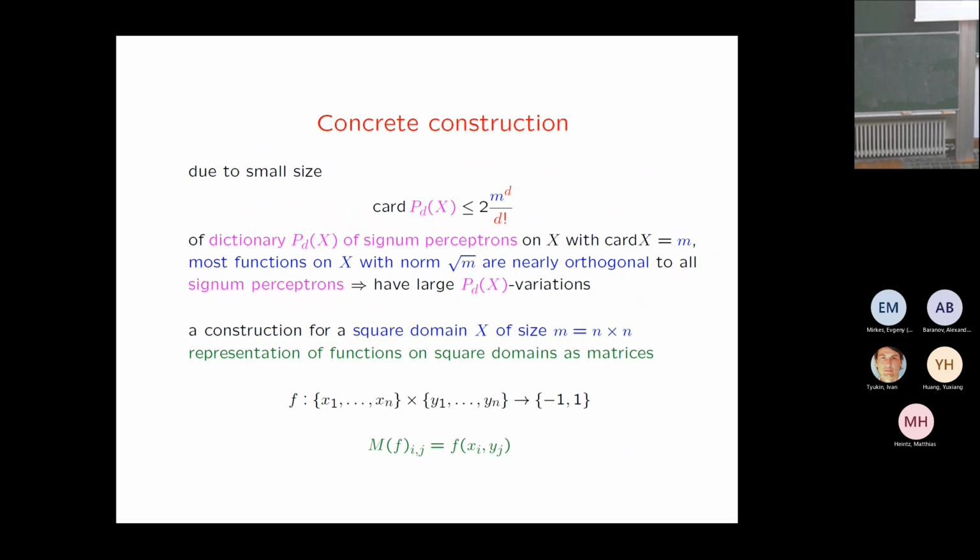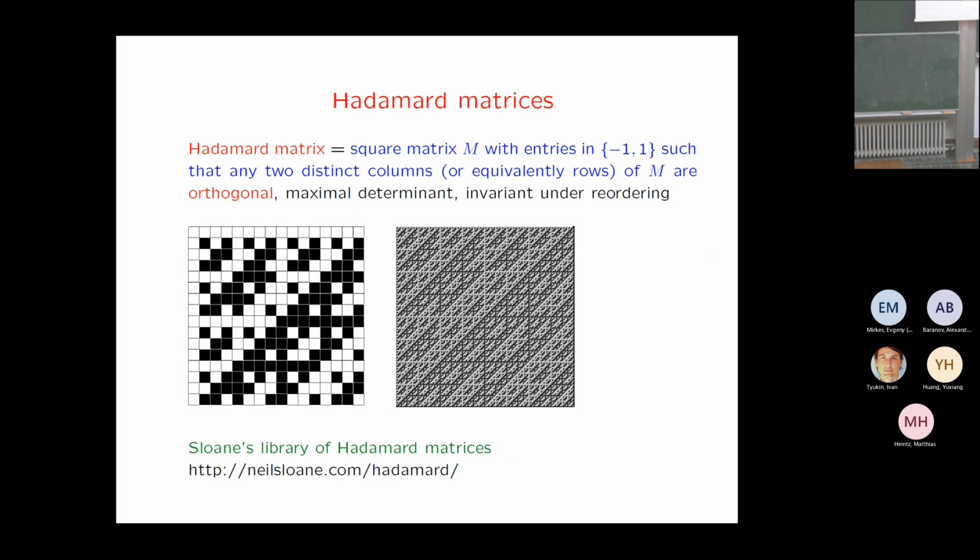And this brings me to a concrete construction. Although I said that they are difficult, there is one that one can still obtain for signum perceptrons, which are small, as we know from Schläfli's result. This construction can be obtained for functions on a square domain, and such functions can be expressed as matrices.